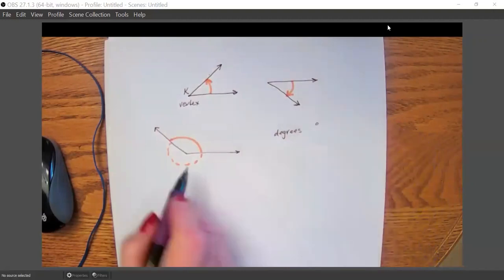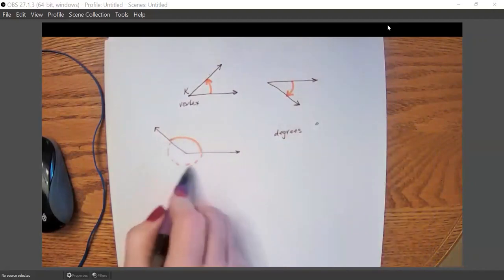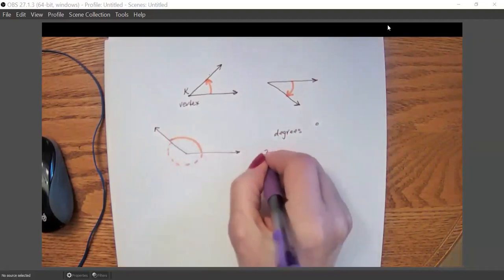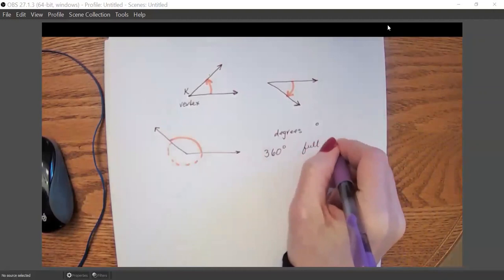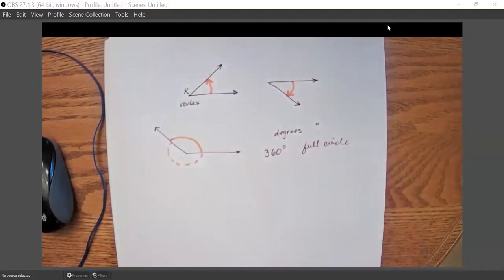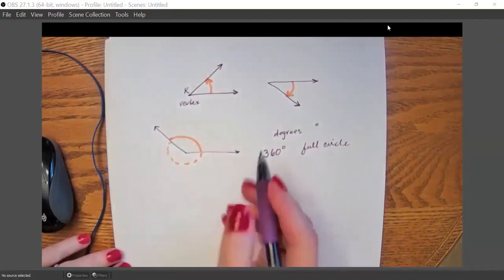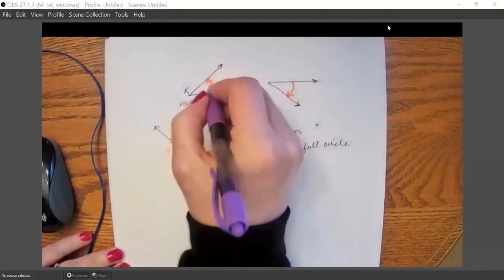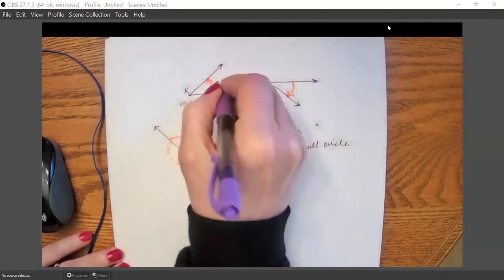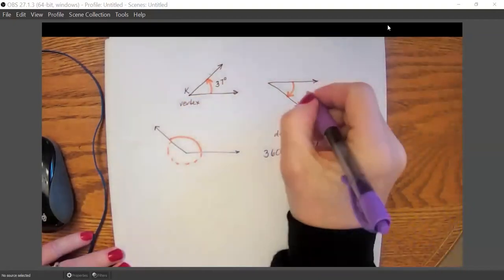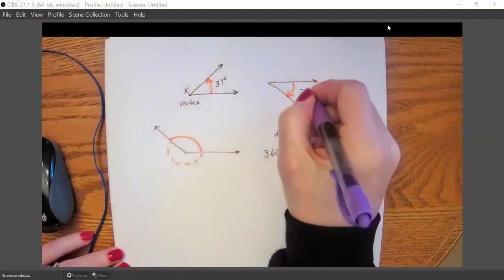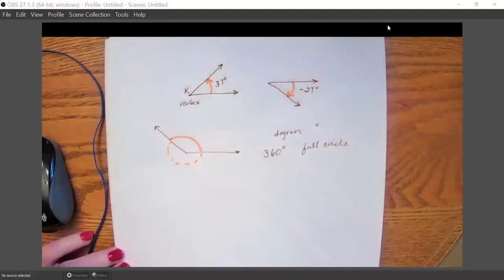In a circle, there are 360 degrees, which implies a full circle. So for instance, this might be a 37-degree angle as it's measured. This would be maybe a negative 27-degree measurement.